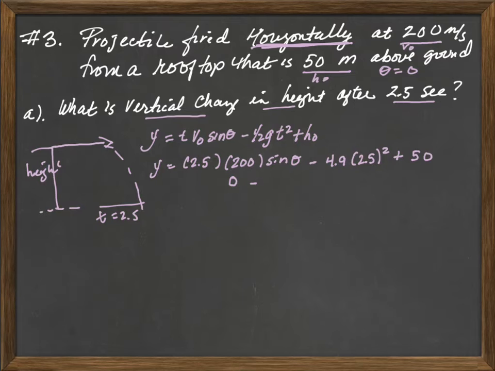Now, do you know what 25 times 25 is? It's 625, right? That should have been one of the ones you learned. So 2.5 times 2.5 would be 6.25. So we have 4.9 times 6.25 plus 50.